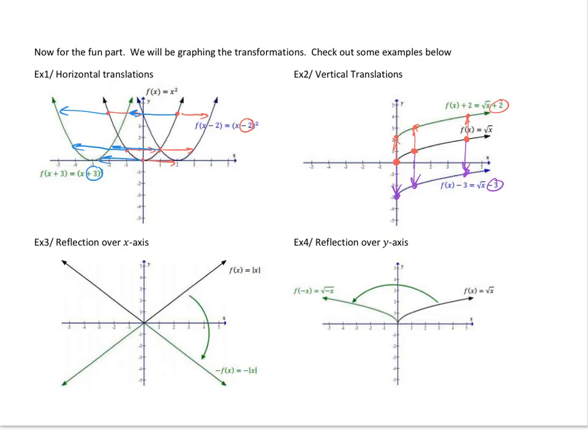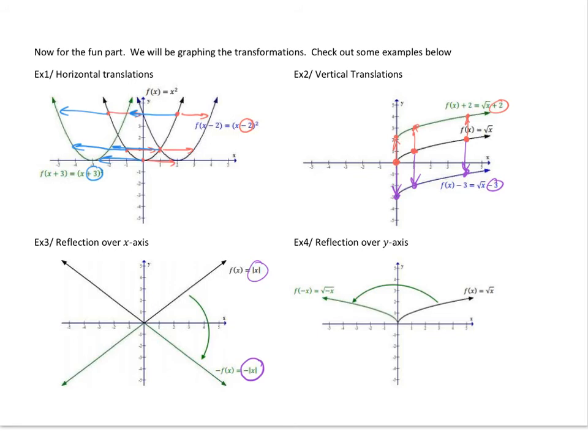So you can see this is the same, they have the exact same shape. A reflection over the x-axis. In example 3 here, you can see that we are dealing with the absolute value of x. And if the negative goes in front of everything, it is not in front of the x, it is in front of the absolute value, the original graph in black here gets reflected over the x-axis.